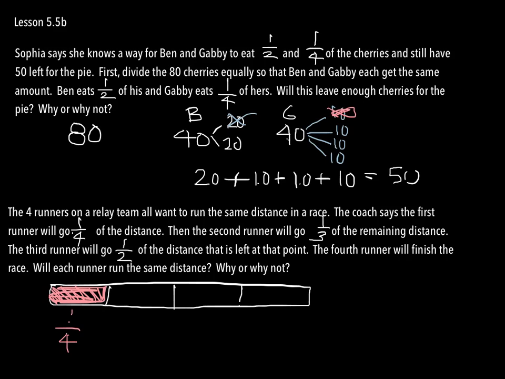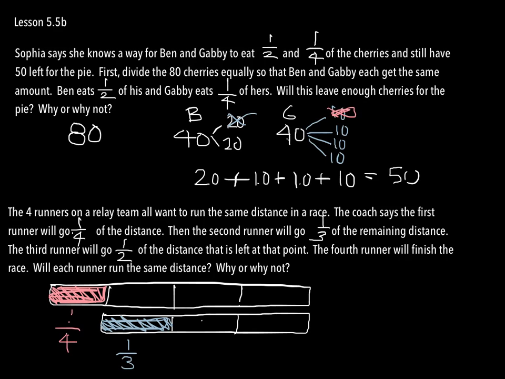The second runner will run 1/3 of the remaining distance. Now, boys and girls, here's the thing. This right here is the remaining distance. And the second runner is running 1/3 of that. Well, how many chunks are left? There's 3 left. So if the second runner runs 1/3, we're going to get rid of this piece right here, because this is 1/3 of what is left.